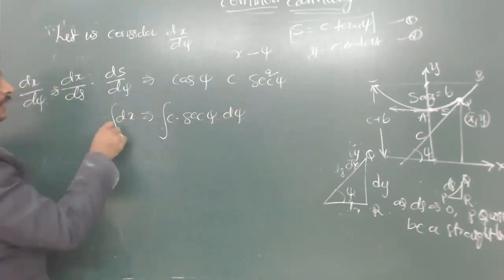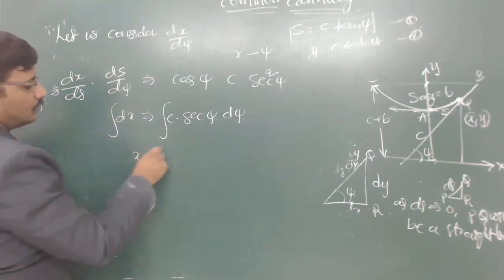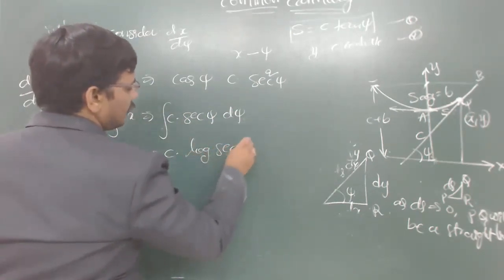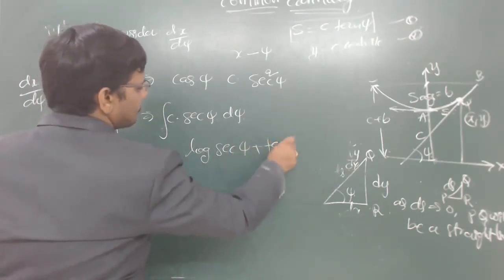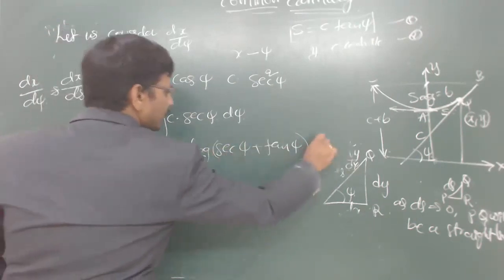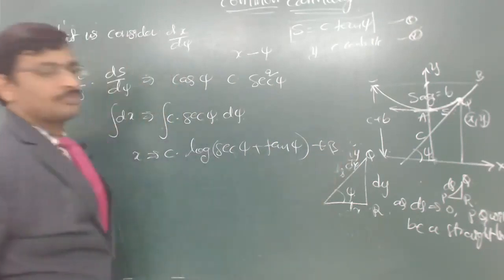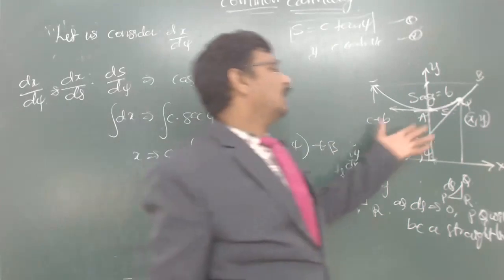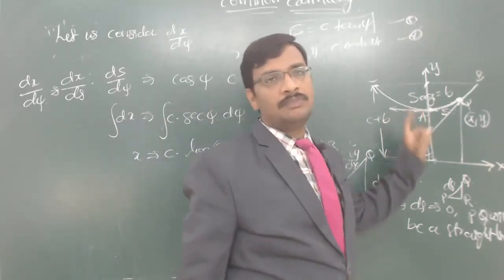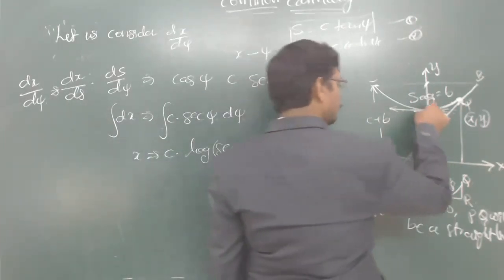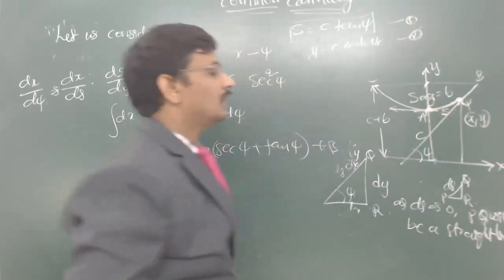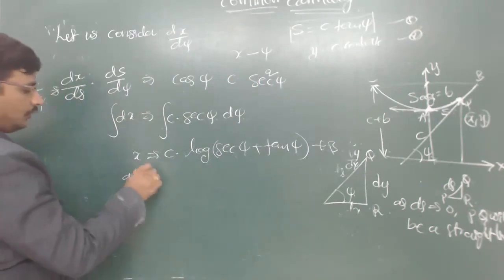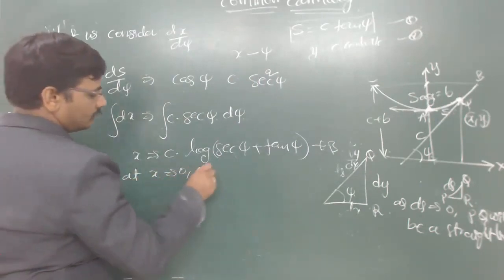If you integrate on either side, x is equal to c times log of secant psi plus tan psi, plus some arbitrary constant b. These arbitrary constants you can find out by taking any particular point. So usually we take the origin, or this location, which will make y equal to c, x equal to 0 and psi equal to 0. At x equal to 0, psi is also 0.